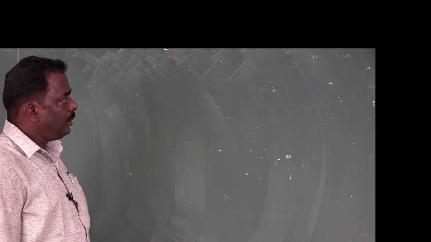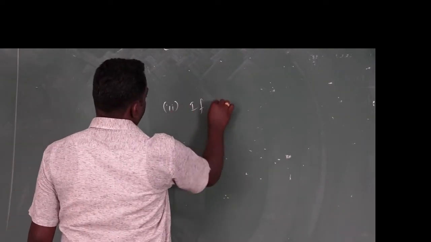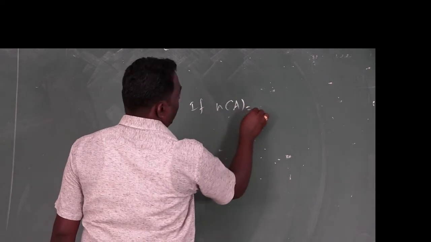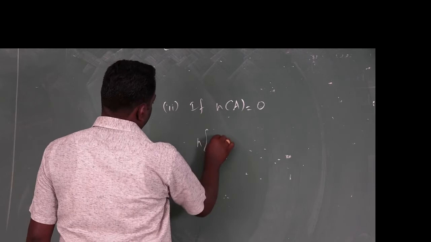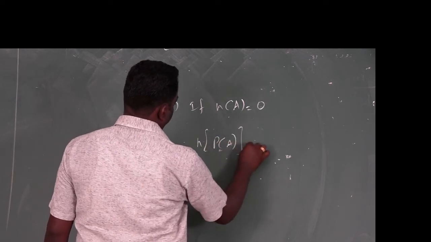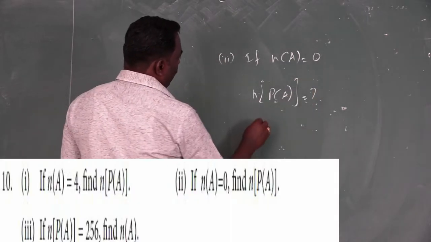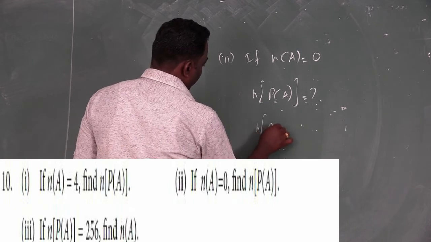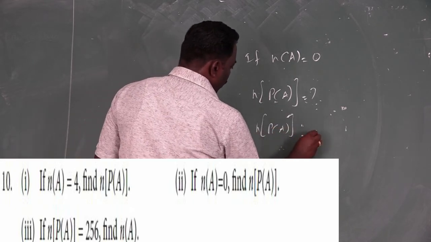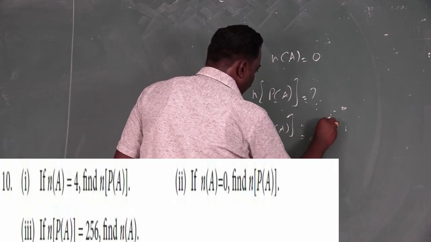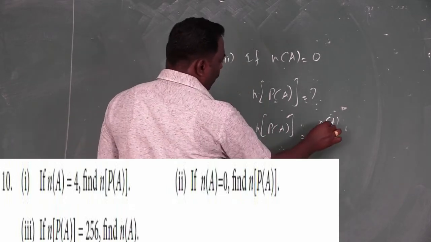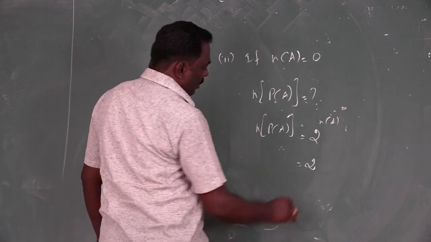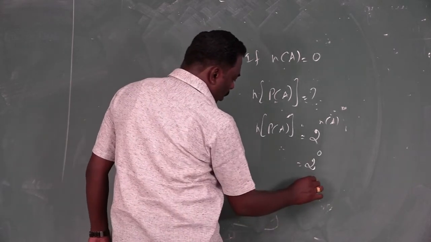Therefore, the second one: if n of A is given as 0, now we want to find n of P of A. We know the formula n of P of A is equal to 2 power n of A. That means 2 power the number of elements in the set, which is 0.